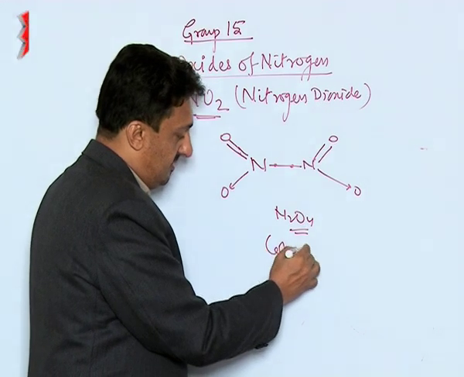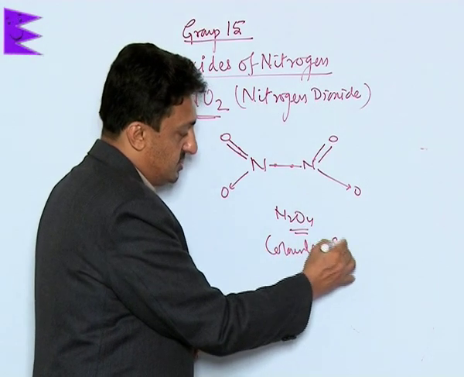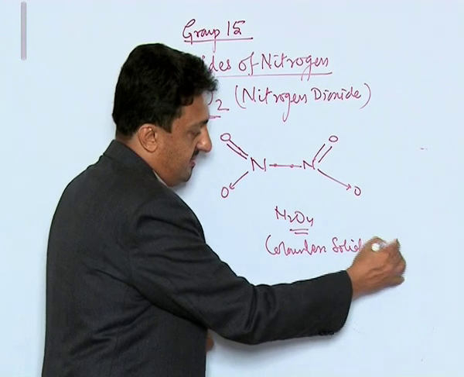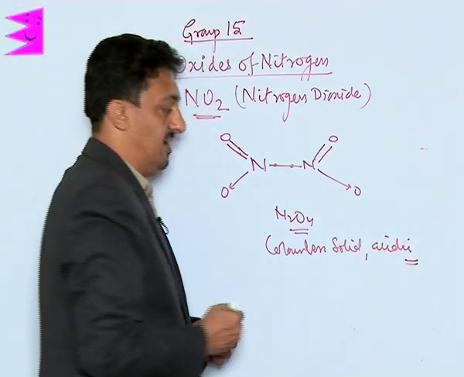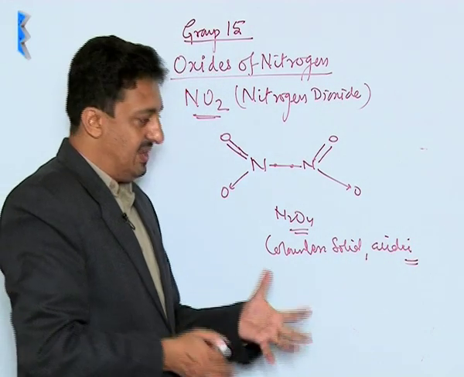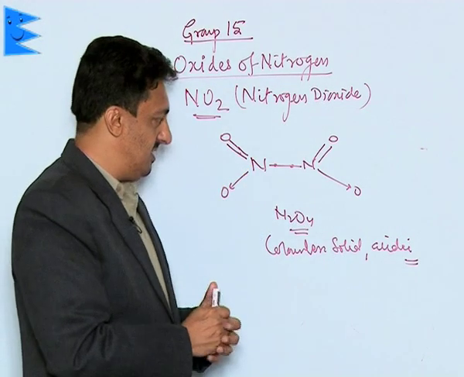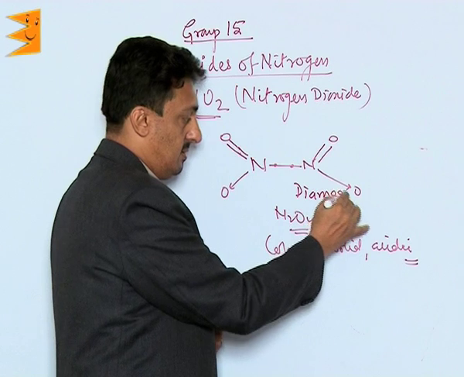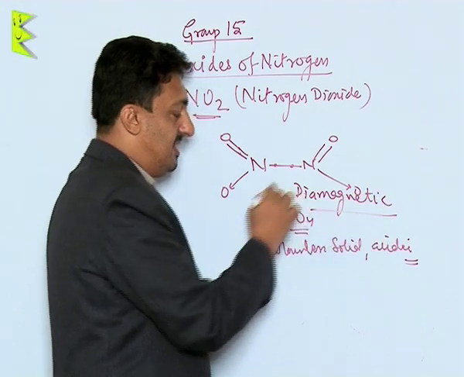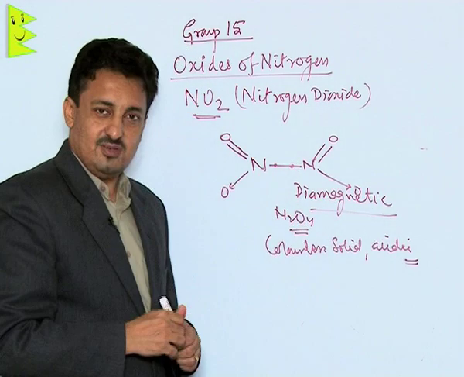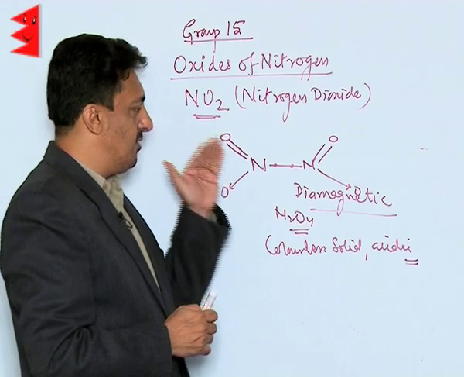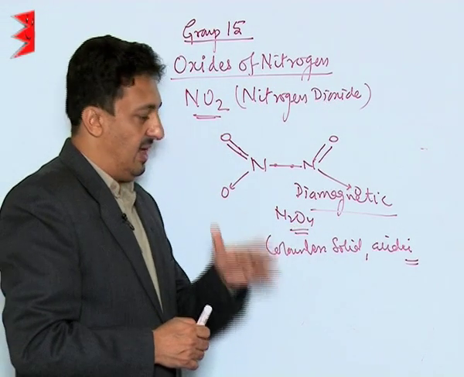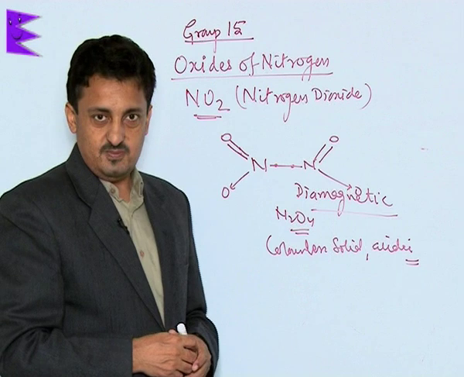Remember, it's a colorless, acidic, volatile solid. It very easily decomposes to give NO2 back. It is diamagnetic, and there is a reason: it doesn't have any odd electron. So this is how NO2 dimerizes to give you N2O4, and N2O4 on heating forms NO2.